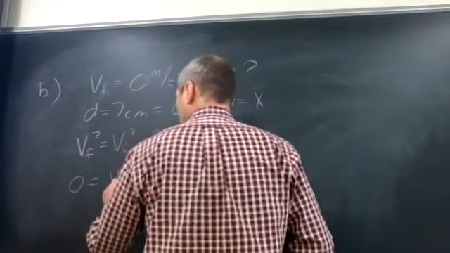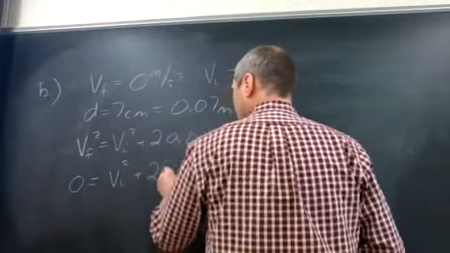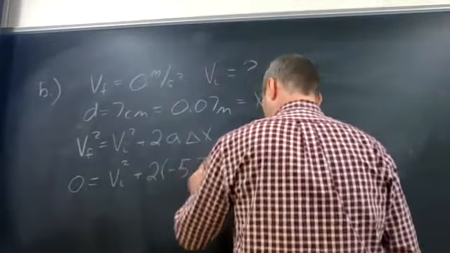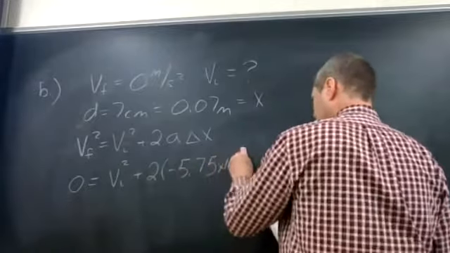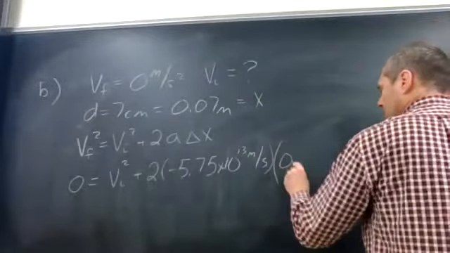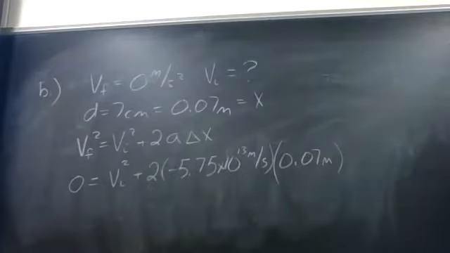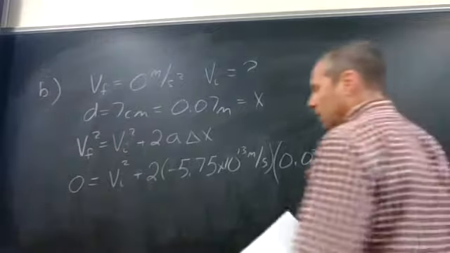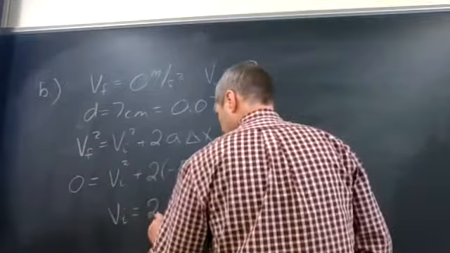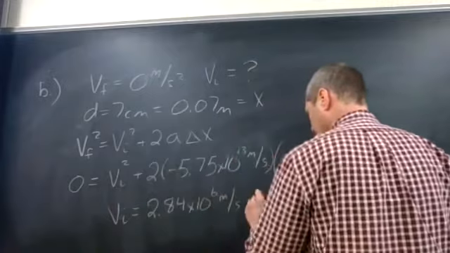We're looking for the initial velocity squared, plus twice our acceleration, which was a negative 5.75 times 10 to the 13th meters per second squared, and our displacement of 0.07 meters. All right. We go through and do this arithmetic, and we find out that the initial velocity is 2.84 times 10 to the 6 meters per second.